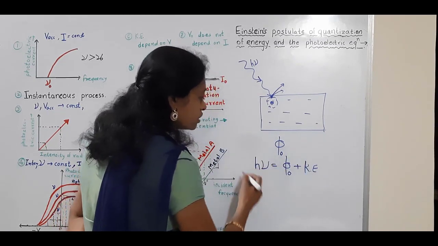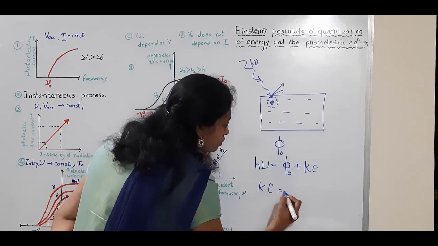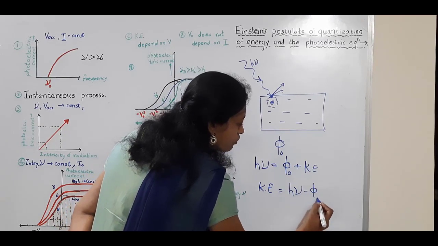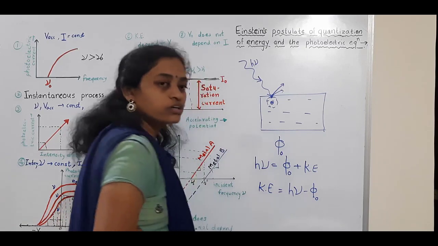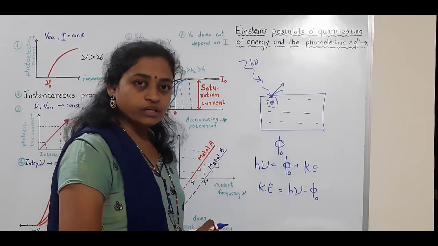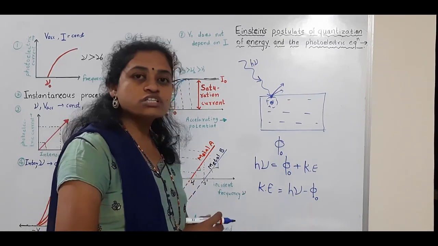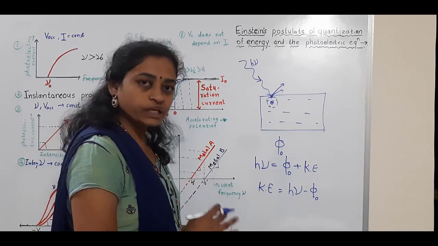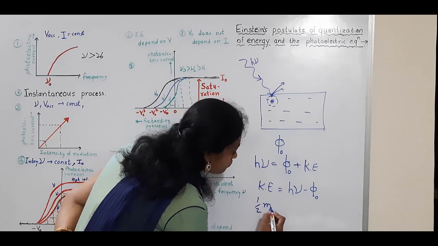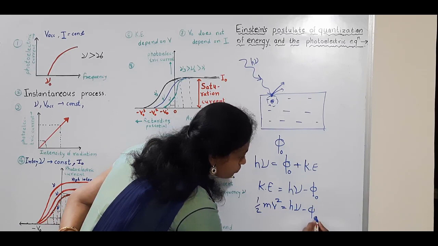Therefore, this equation can be rearranged. We get kinetic energy of the electron equal to h nu minus phi 0, where phi 0 is the work function. Work function is different for different materials of the emitter plate. Putting the value of kinetic energy, we write half mv square is equal to h nu minus phi 0.